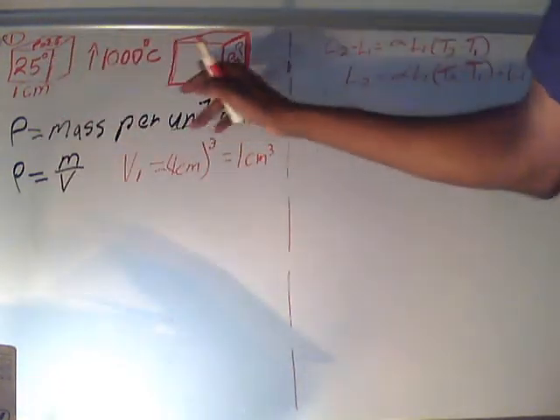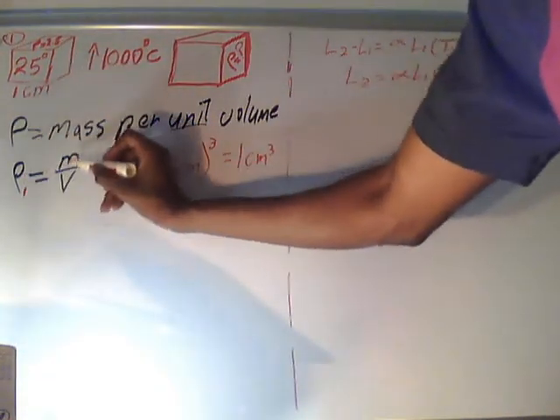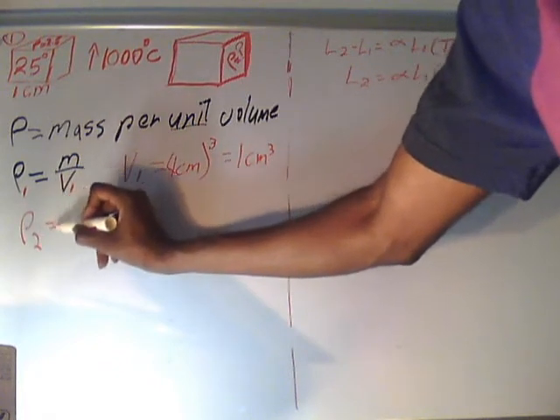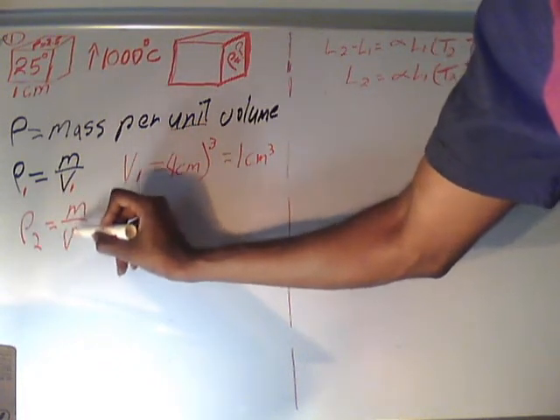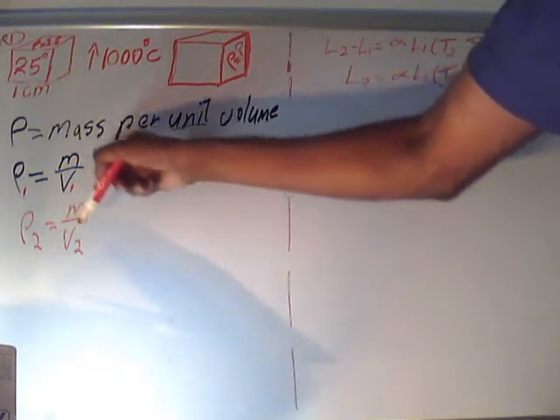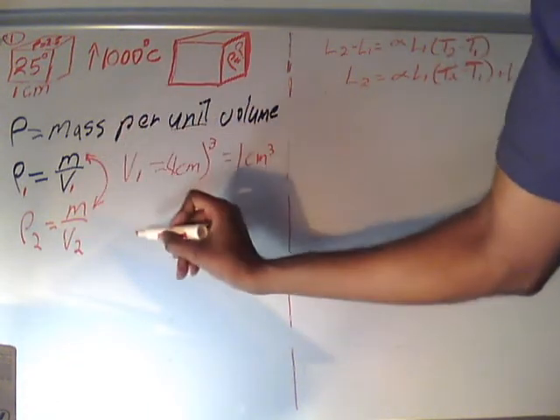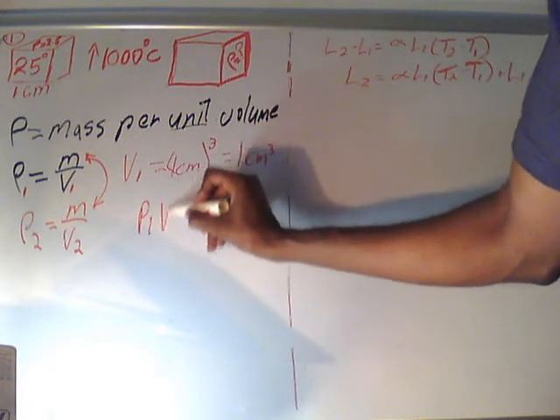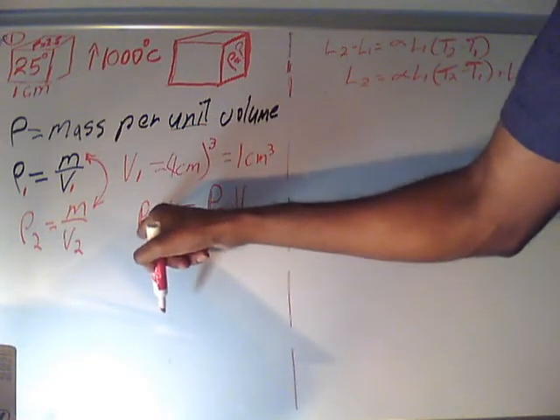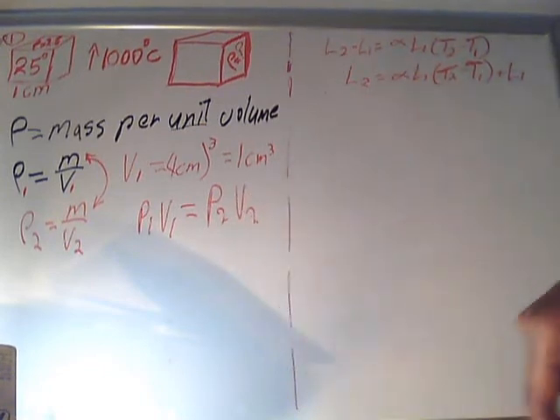So we can say rho 1 times V1 is equal to the mass, and rho 2 times V2 is equal to the mass. Since mass is a constant, we can rewrite these two equations and say rho 1 V1 is equal to rho 2 V2.